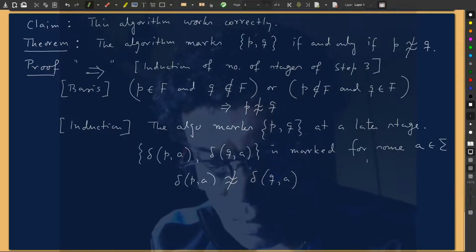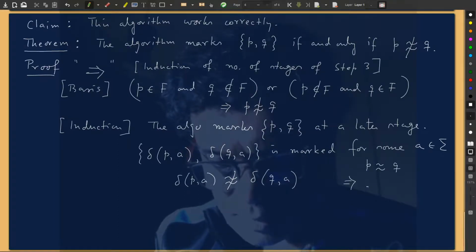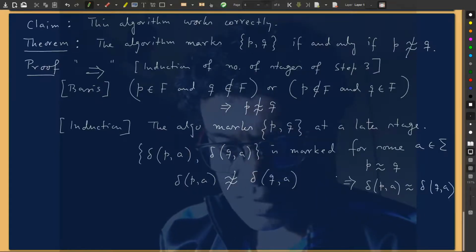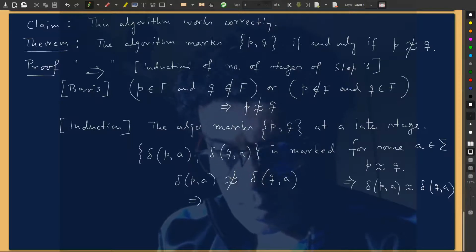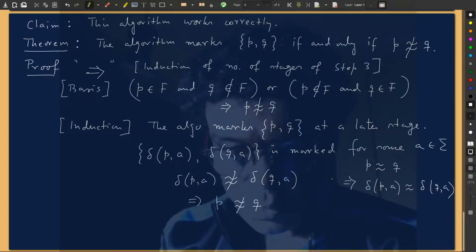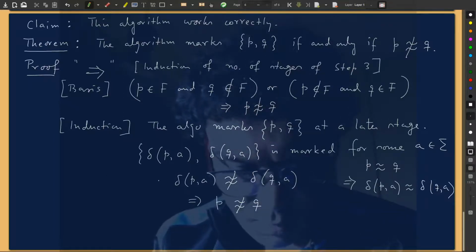Okay, so this implies this, we have proved in the last class, and in fact this is very necessary for the definition of delta prime to make sense. So this in turn will imply the contraposition of this: if they are not equivalent, then P is not congruent to or equivalent to Q. Okay, marked for some iteration. So this is by induction, by inductive hypothesis.